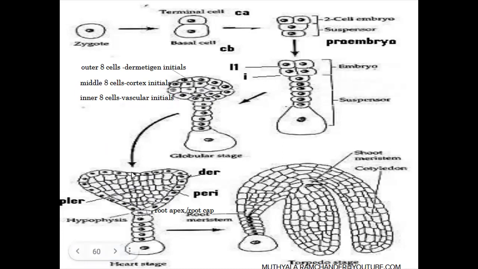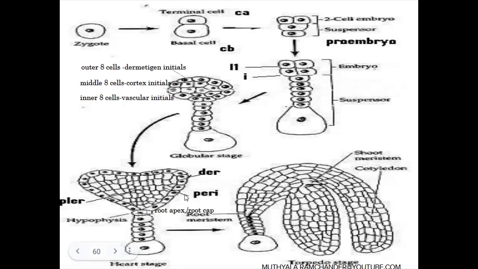They also participate in producing more cells by mitotic division. See, by this mitotic division, they develop into a heart-shaped structure. The heart-shaped structure containing dermatogen develops into the dermis of the shoot. The periblem tissues are developed from the cortex initial cells.